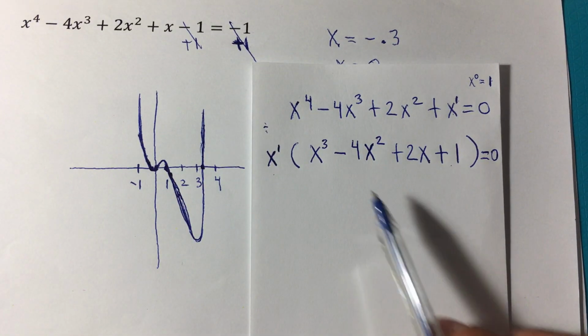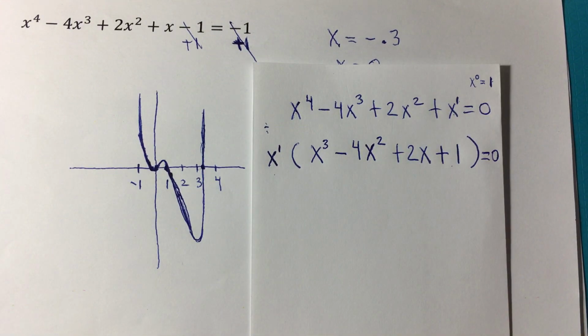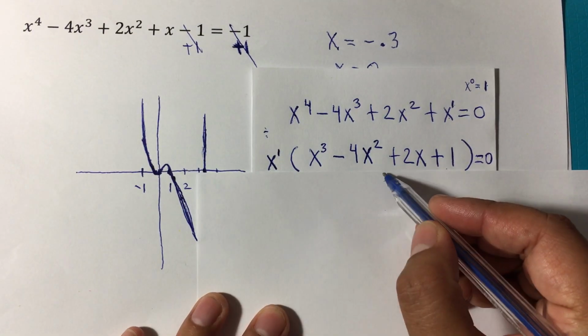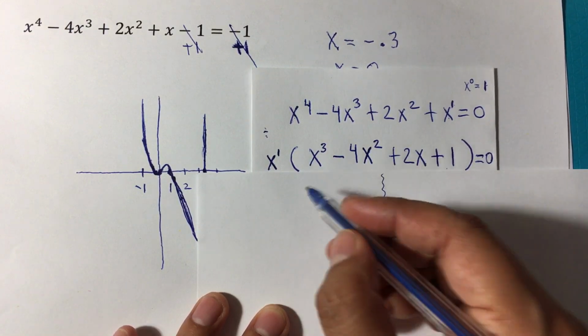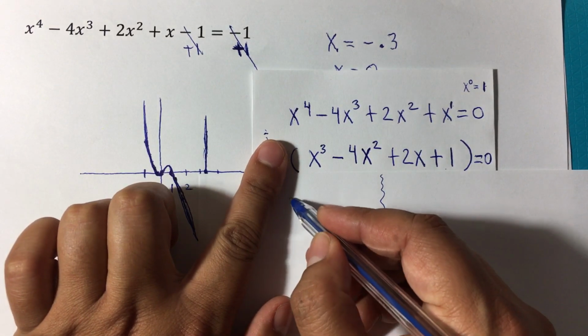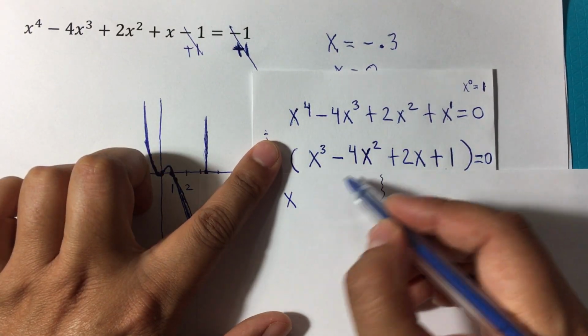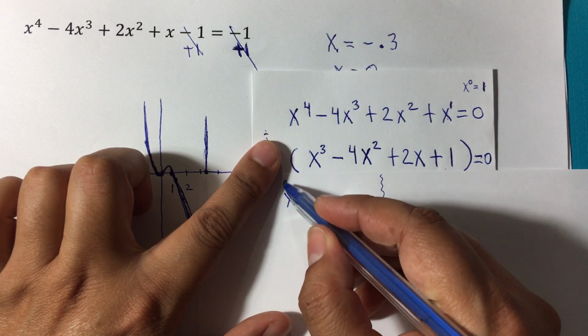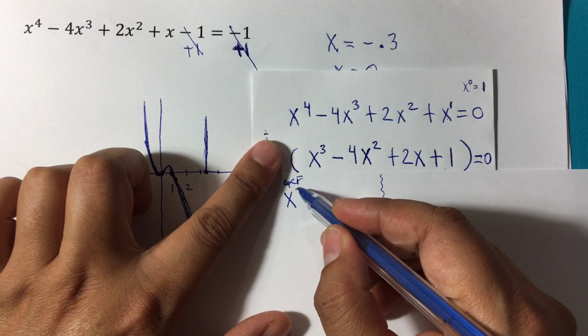Okay, in here I'll try to do grouping. If you do grouping, remember that you have to divide out the greatest common factor. We're ignoring the x part now because it's already a factor outside. And so the greatest common factor is x squared.